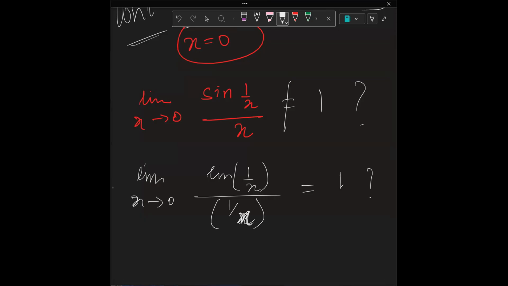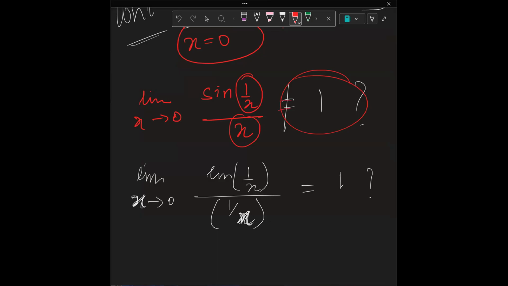Okay. Now you understood why the above one is not equal to 1. Yes, sir. Because this theta and this theta are not the same.